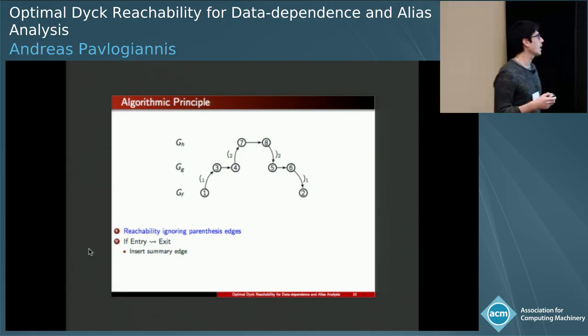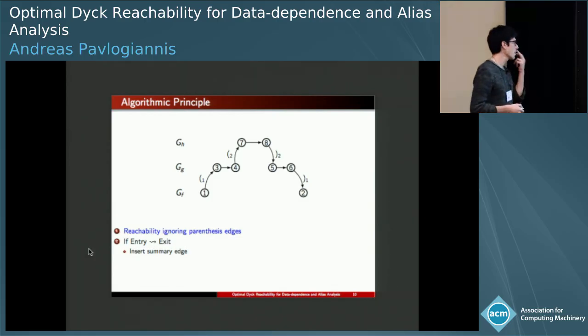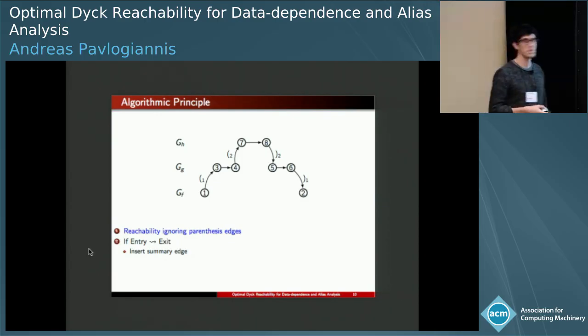Right? The way that the problem is solved here is as follows. We start by doing some regular reachability locally on each graph. And at some point, we discover that an entry node reaches an exit node, like here, 7 reaches 8.